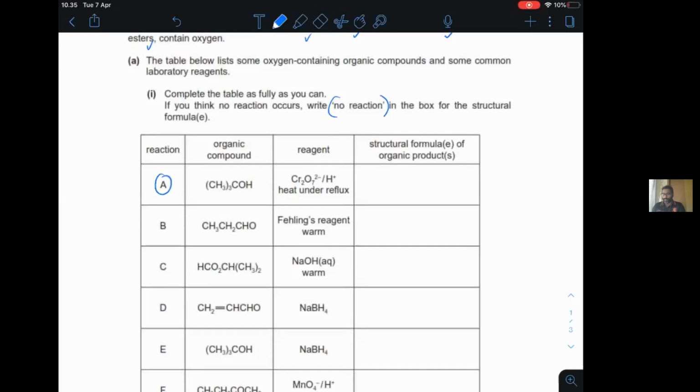What type of compound is this organic compound? It's alcohol, right? Can you tell me whether it's a primary, secondary, or tertiary alcohol?